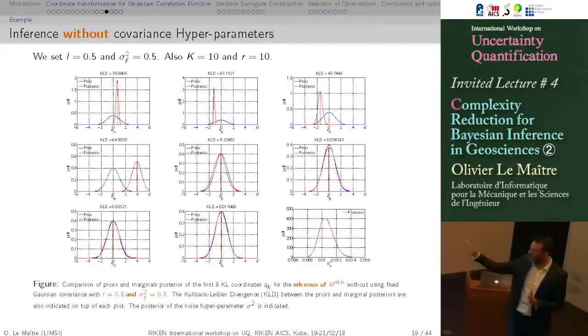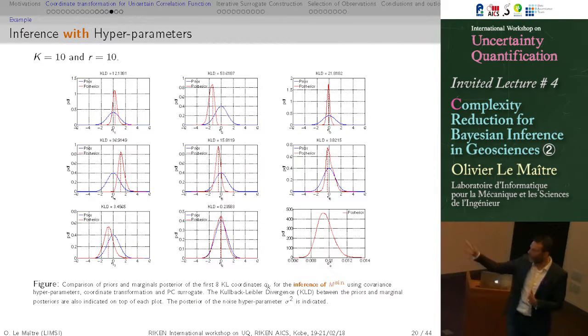So in blue, you have the prior distribution. In red, you have the posterior distribution of the first 9 coordinates. Okay, and what you can observe is that you learn quite a bit for the first 4 coordinates. And starting from the 5th one, you're not learning anything. You can barely distinguish the prior and the posterior distributions. And here you cannot see even any difference.